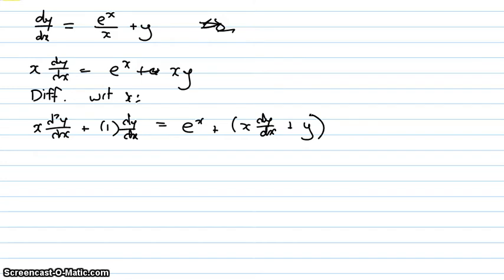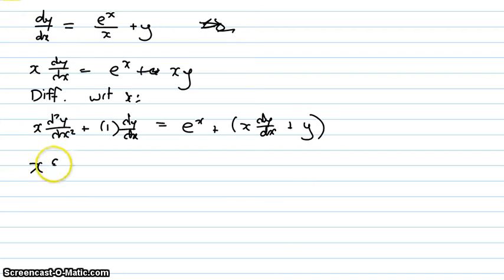Right, so what does this give me? I can already see that I've got my x d2y dx squared that I wanted. I've already got plus my dy dx, which is good. And I've got one of the e to the x's here, I just need to get another one in. I can see that I can get another one in by substituting my x dy by dx.